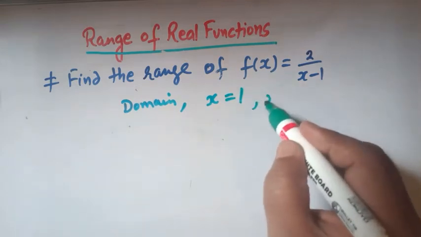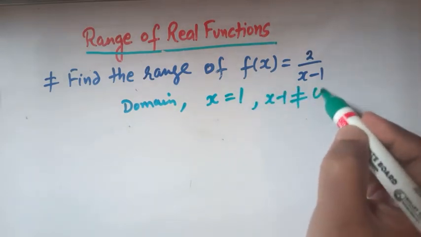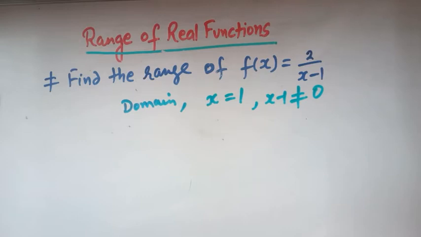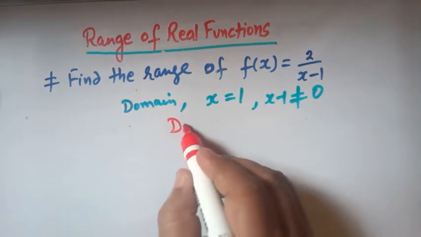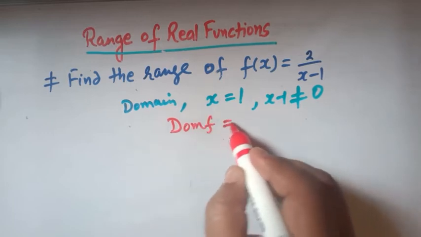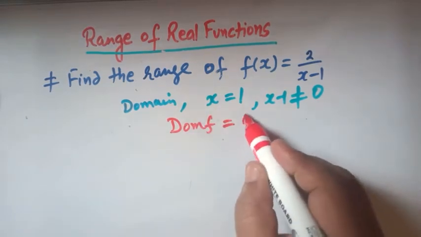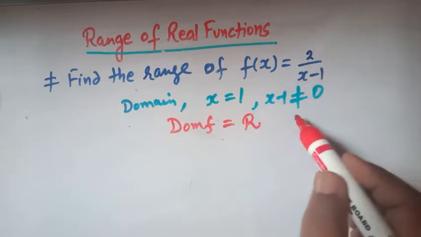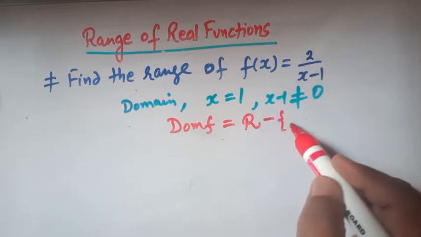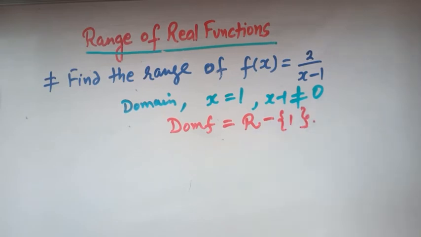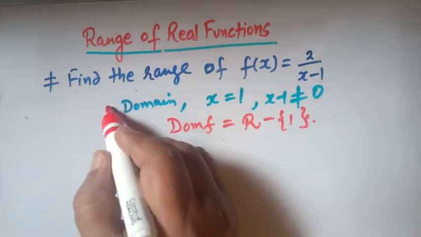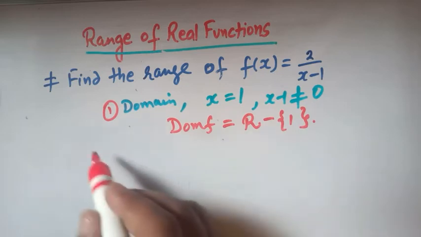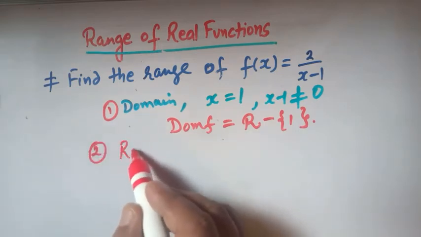So x minus 1 should not be equal to 0. Clear? So the domain of f is the set of all real numbers excluding 1. Now we have to find the range.